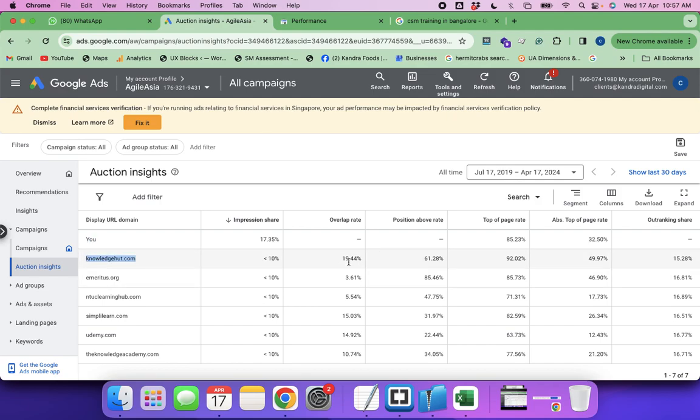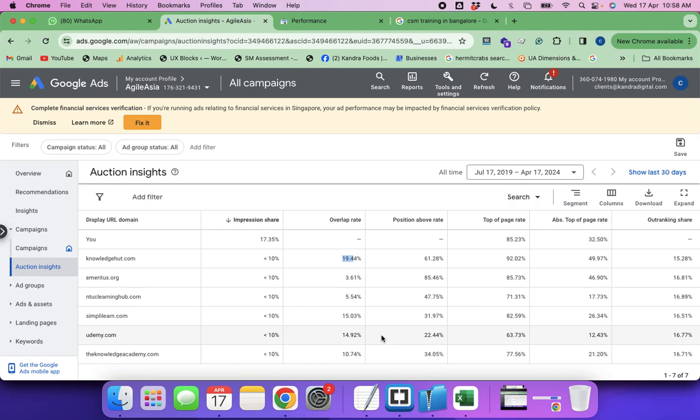So 20 keywords are exactly the same as Agile Asia's, and the remaining 80 keywords are different. For this player, only 4 keywords are common with Agile Asia and the remaining 96 keywords are different. Obviously, when there are only 4 keywords, position above rate can be higher. They are not competing. When the overlap rate is higher, the position above rate could be lower because they are competing most of the time.